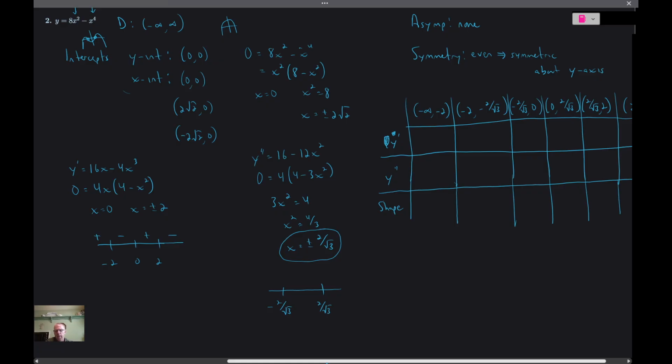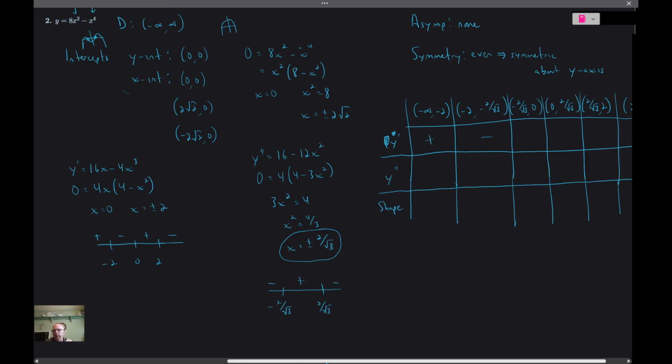And you can test these if you want, but we know that it's concave down, then concave up in the middle, and then concave down. So negative, positive, negative. But if you want to test the intervals, you can. Up until -2, the first derivative is positive.